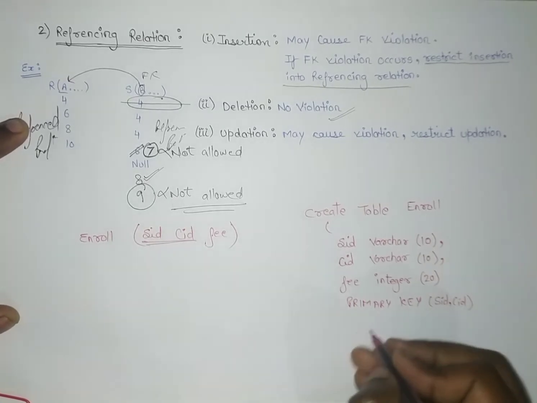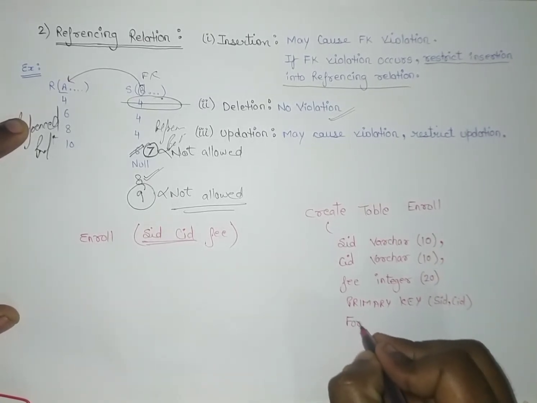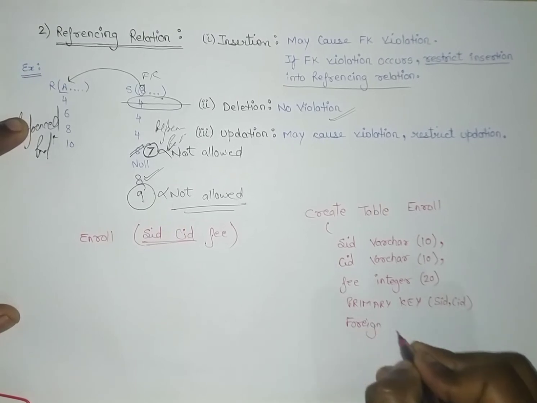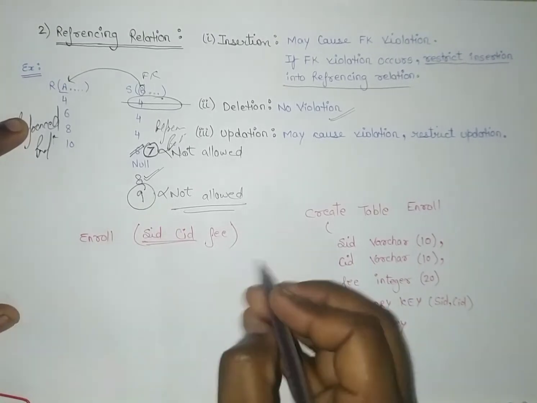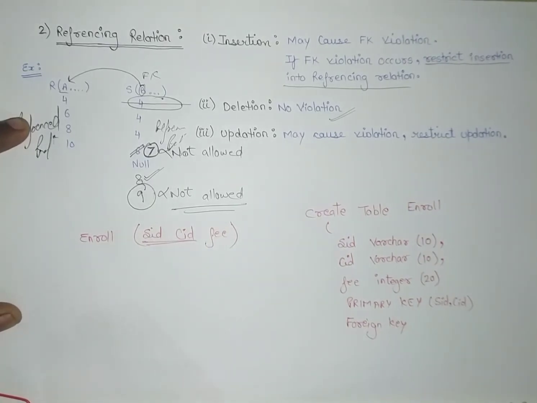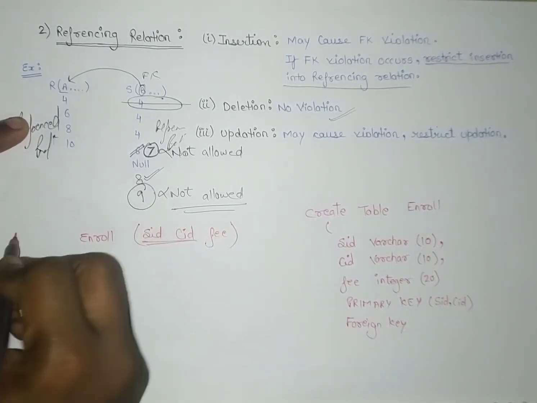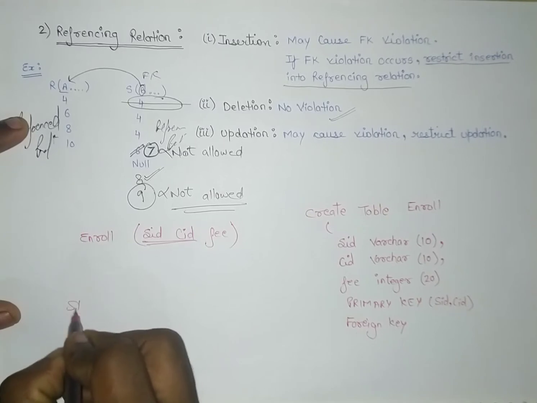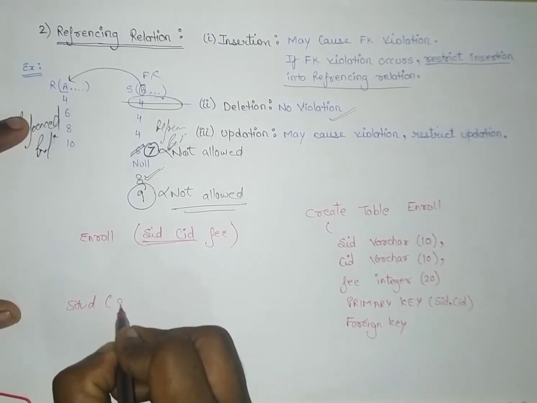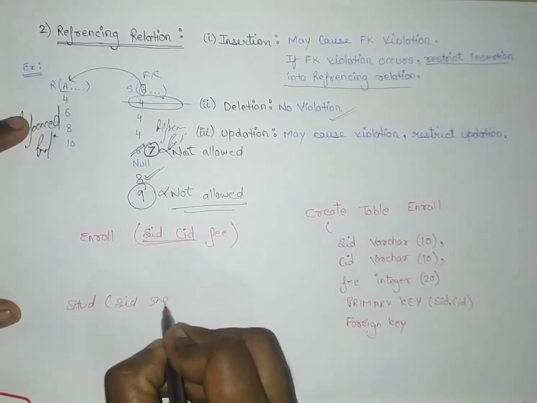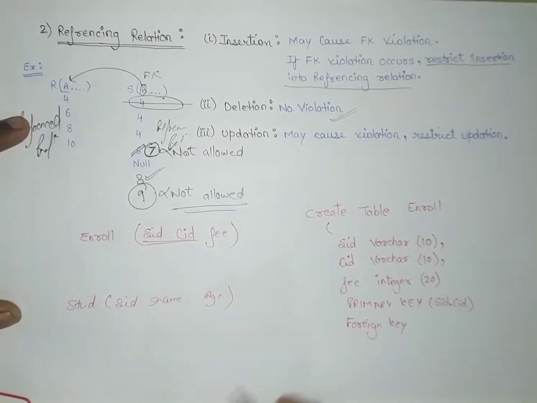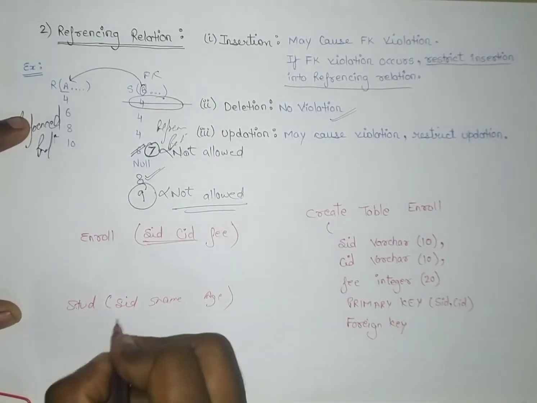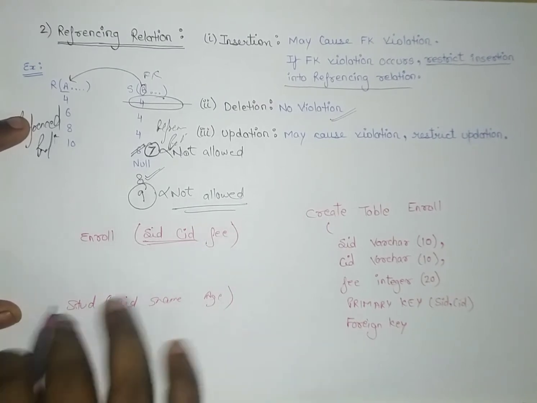Now how to define the foreign key? What is the foreign key? SID. So let me write down another table as well. I am taking another table with SID, name and age, because we need to refer to another table now. That's why I am creating this table. So this is another table.